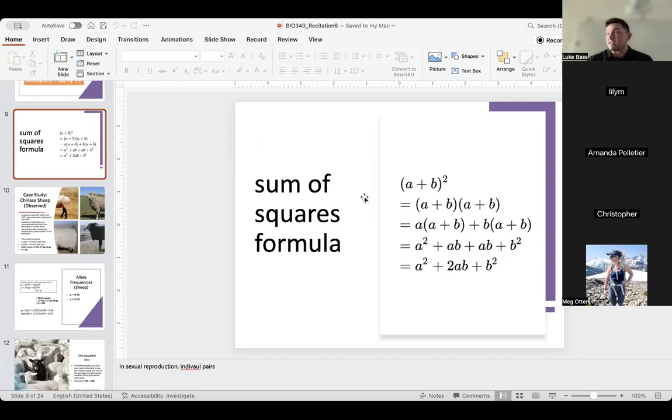The problem is that there's no way to get to P squared or Q squared from 2PQ, at least to my knowledge, even with the information you gave us. If you have 2PQ equals 0.02, you can divide by 2 and get PQ equals 0.01. But at this point we need either P or Q to solve for either one.